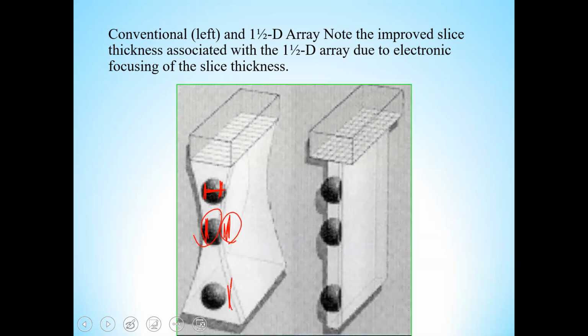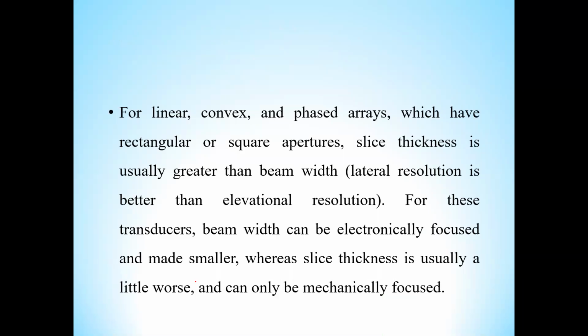Again, if they are placed at this region, they will not be separated from each other. In the same way, the slice thickness resolution and the lateral resolution depend upon the beam thickness and the beam width, and the better lateral resolution and slice thickness resolution will be achieved at the focal point. This slice thickness resolution is also called elevational resolution.